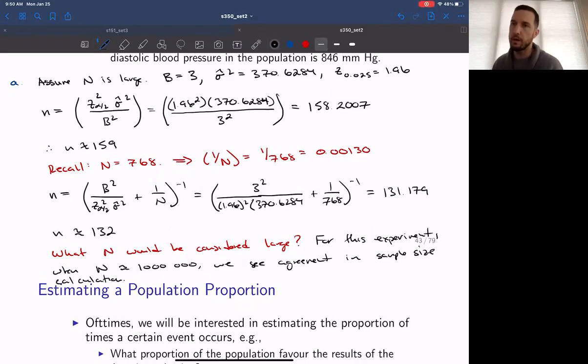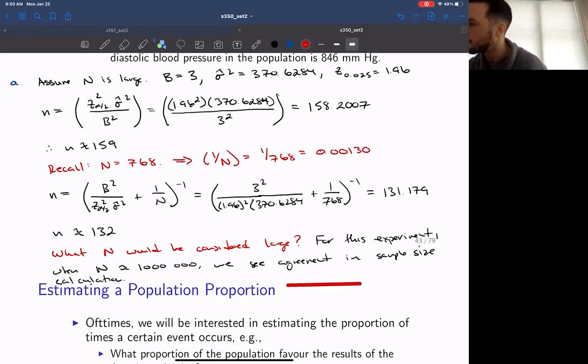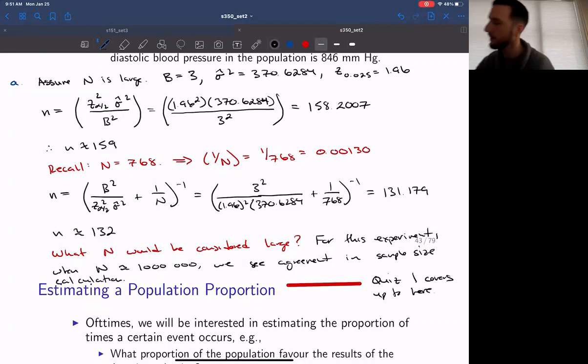So this will be where we stop for quiz 1. So I'll just make a note here. So this will be quiz 1 covers up to here. Okay.